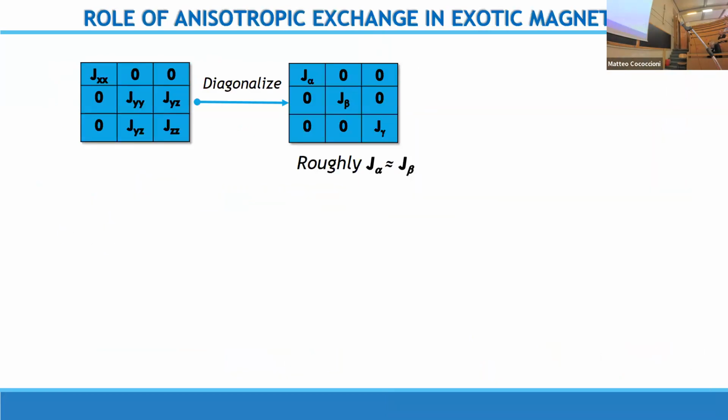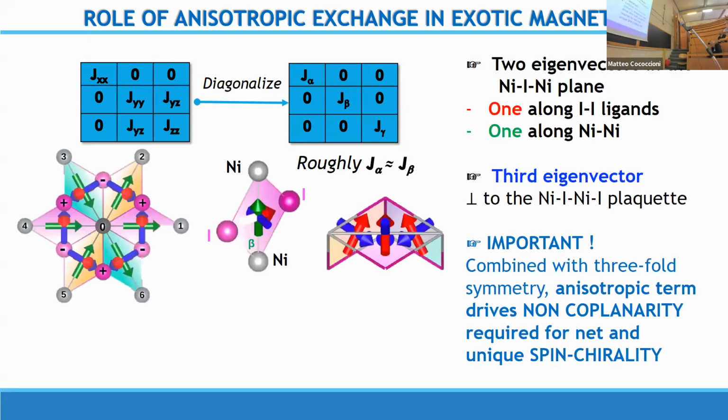And so we thought, why do we have a skyrmion? Maybe this anisotropic exchange has a role. You have a symmetric matrix, right? You can always diagonalize it, and you can calculate your eigenvalues and eigenvectors. If you now map or plot your eigenvectors on the crystal space, you can refer, for example, to a plaquette.